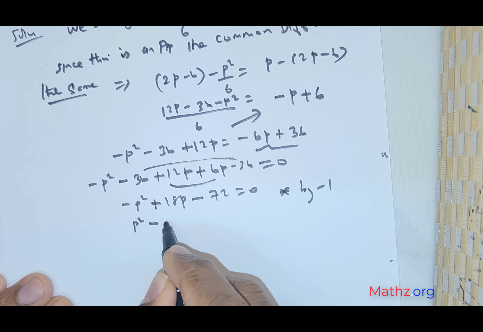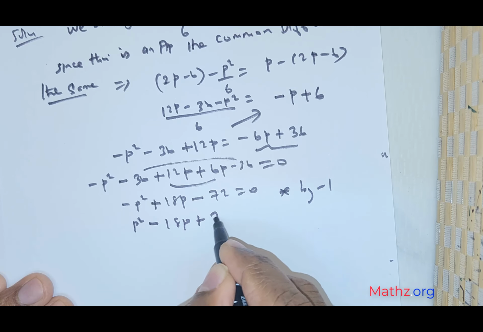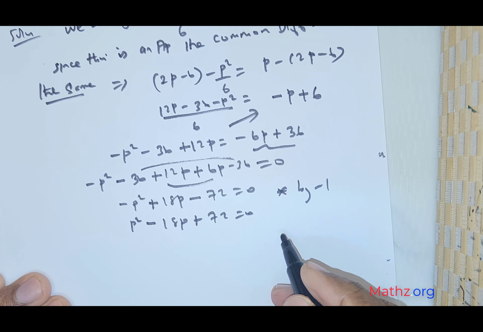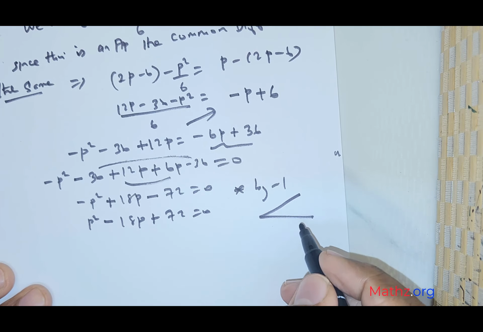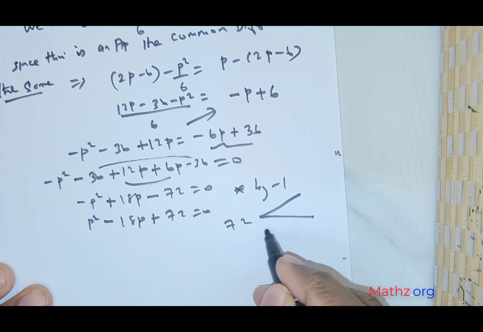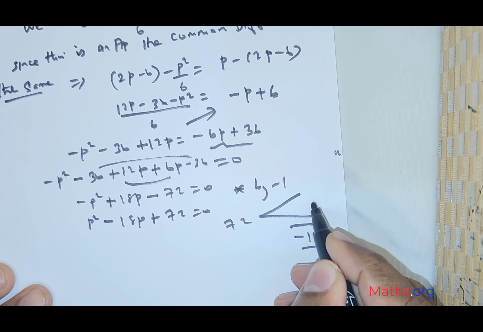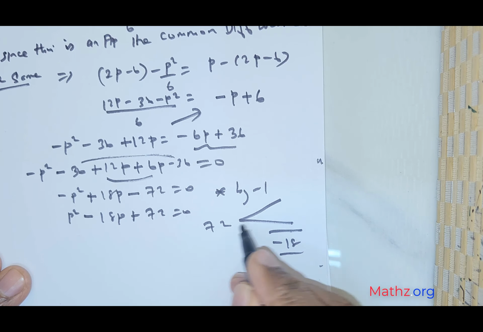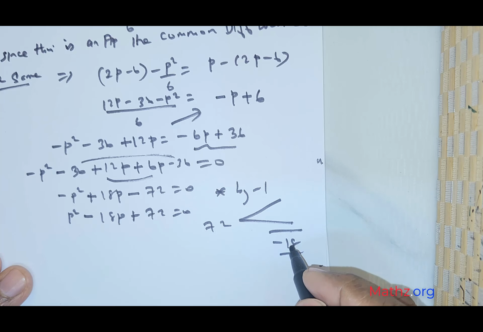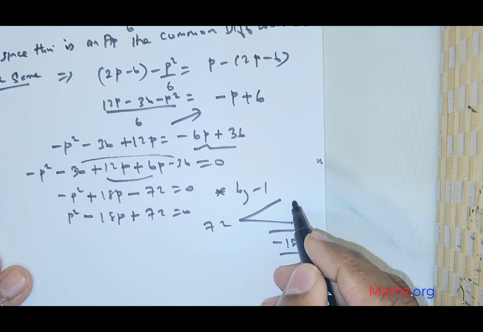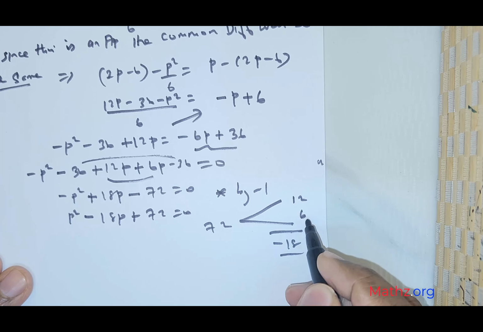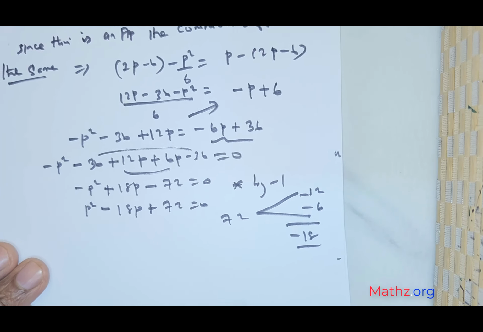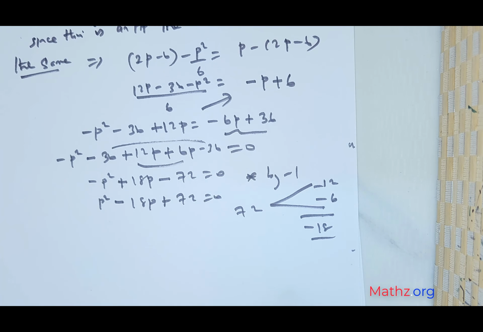That would give me p squared − 18p + 72 is equal to 0. Now from here, I need to get two numbers which when multiplied would give me 72 and added would give me −18. So 12 times 6 is 72, but when we add we need to get −18, so I'm going to take a negative sign over there.